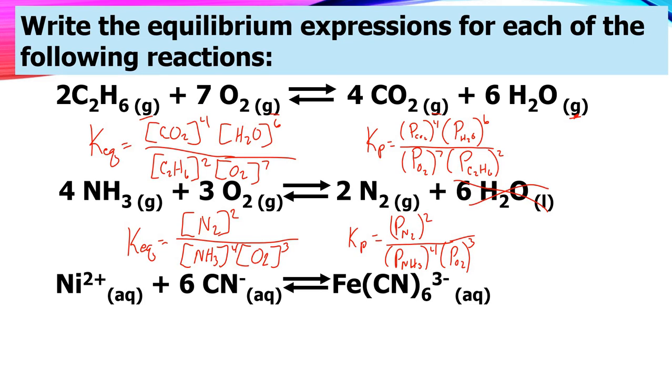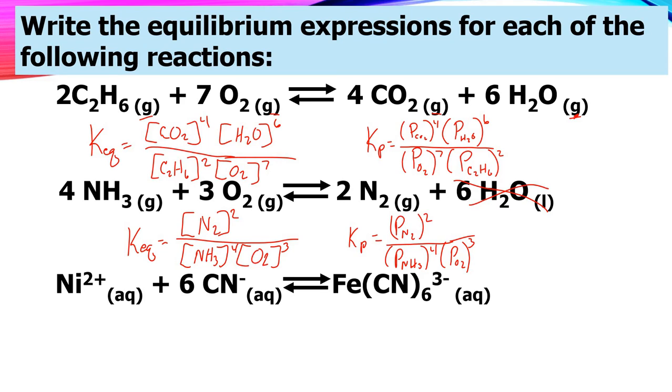Wait, you can only do pressure with gases, right? Or aqueous with concentration. But what I'm telling you is on some of the questions on the test, she's not consistent, so know both ways. Does that make sense? It's basically the same thing if you just remember to set it up.